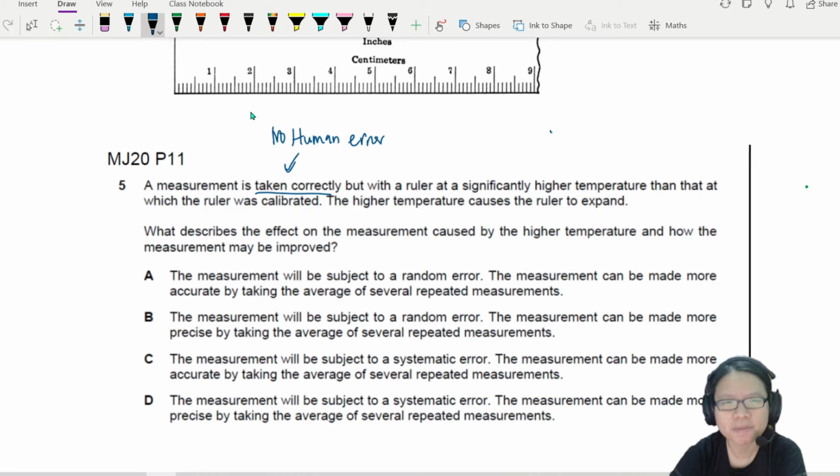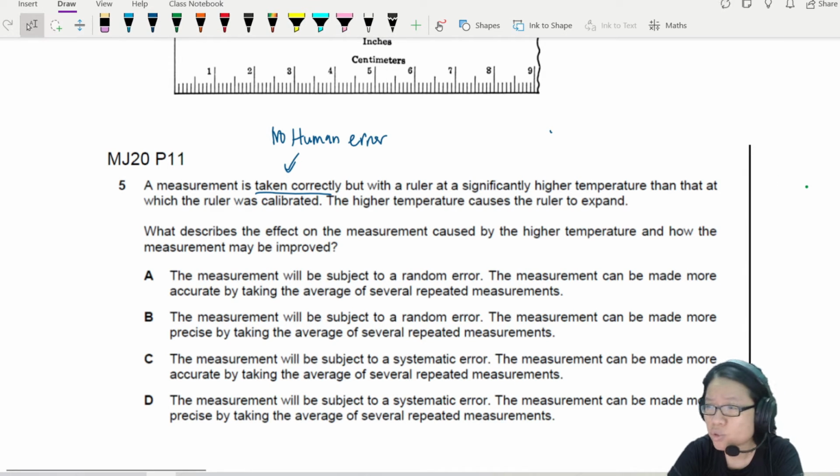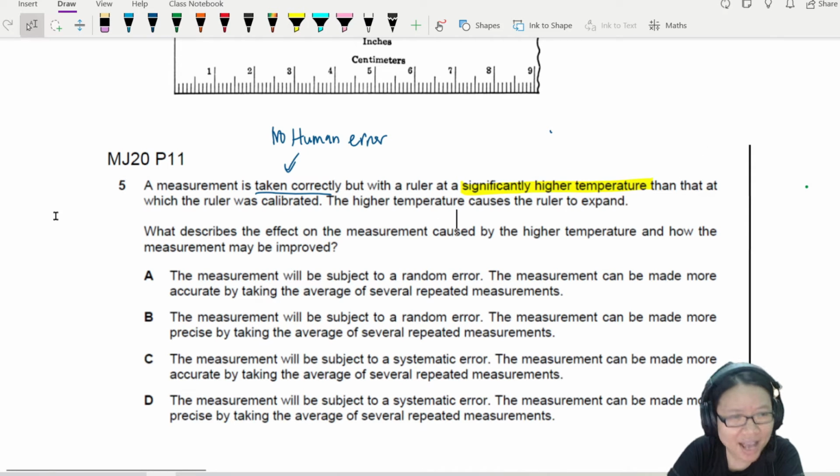Okay, but with a ruler at a significantly higher temperature than that at which the ruler was calibrated. The higher temperature causes the ruler to expand.